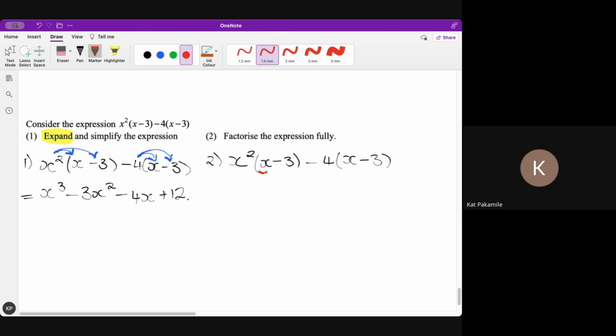Bracket. We have the same bracket. Do we see that? Same bracket. So I'm going to take this bracket out, x minus 3. Now tell me what is left over. What will go in the second bracket?